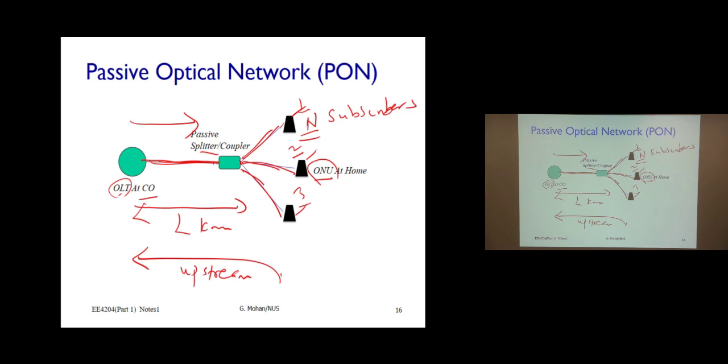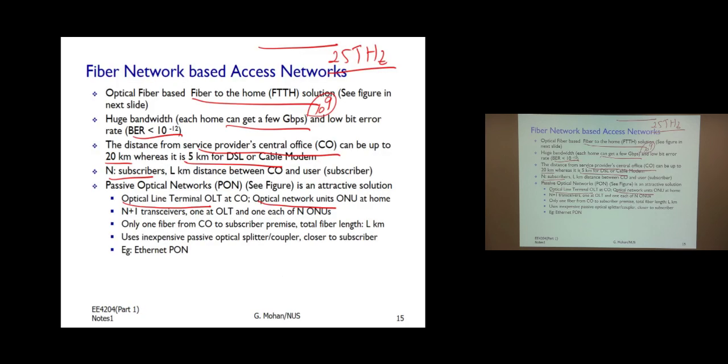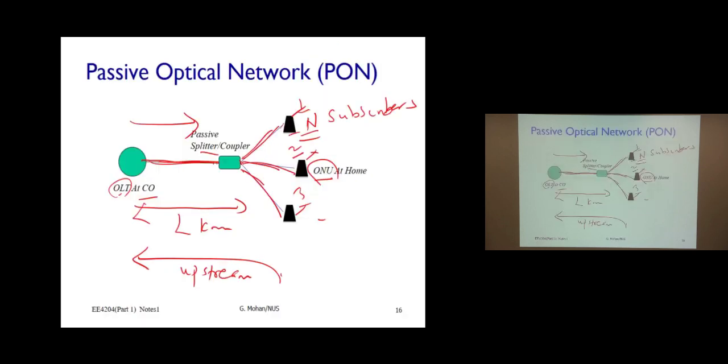So there should be some kind of coordination among them. Actually there is a protocol running there, for example EPON, Ethernet based PON, which will decide and allocate. I'm just telling you the key idea.